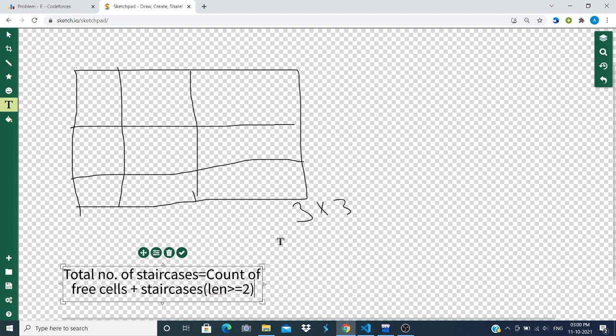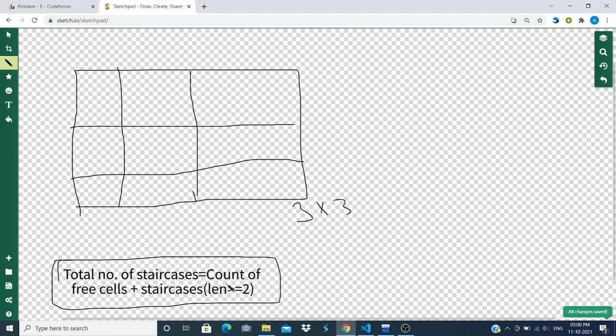We are using this formula: to find the total number of staircases, we first find how many free cells there are, and then we add how many staircases there are with length greater than or equal to 2.